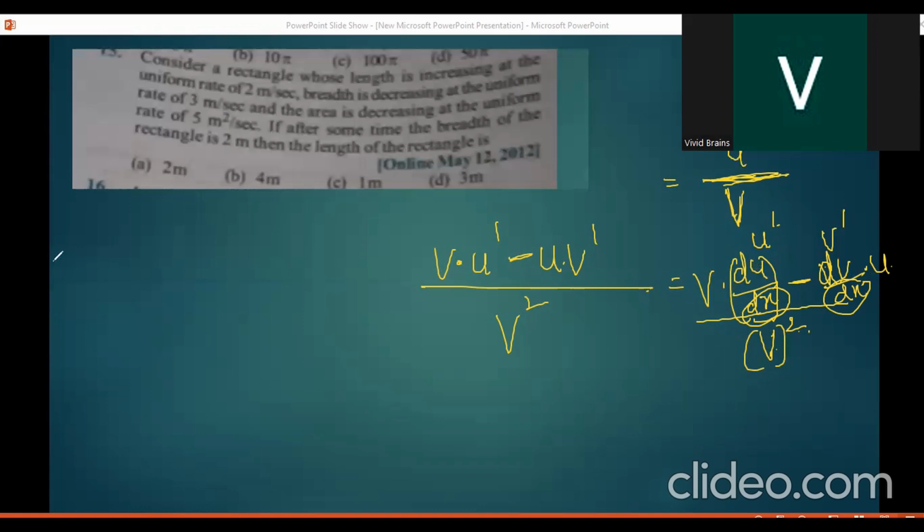Whenever you have addition and subtraction, say x square plus x cube, there is no special rule for addition, so you can directly differentiate separately. I told you x power n is n into x power n minus 1.